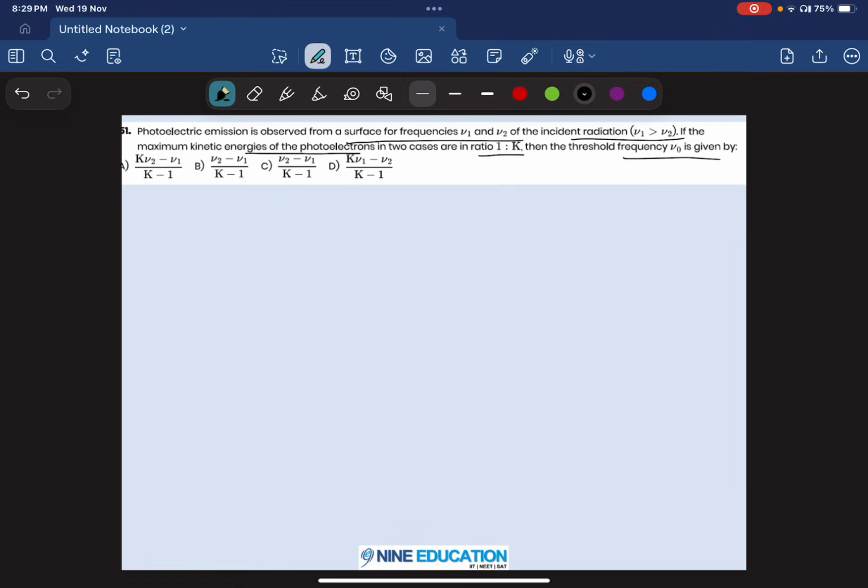If you remember the photoelectric effect equation, it is nothing but incident light radiation energy h mu is equal to h mu naught plus kinetic energy, that is half mv square. That is the photoelectric effect equation. So here there are two things happening.